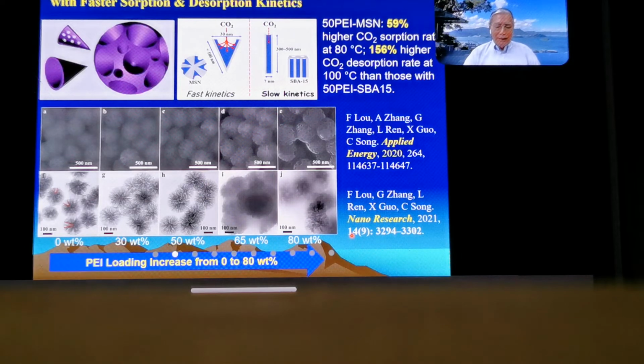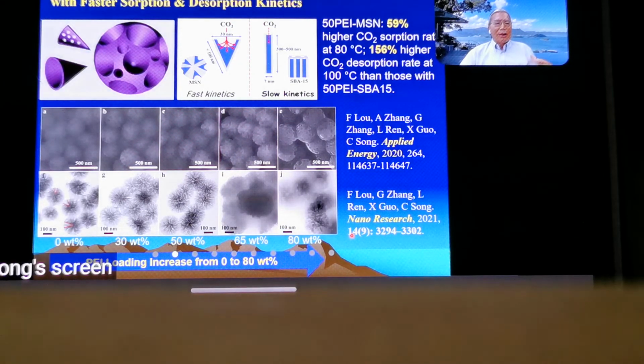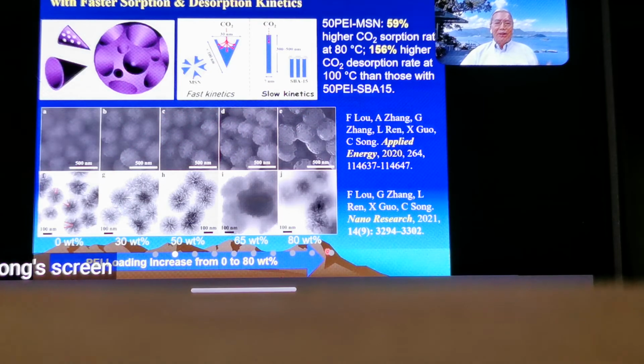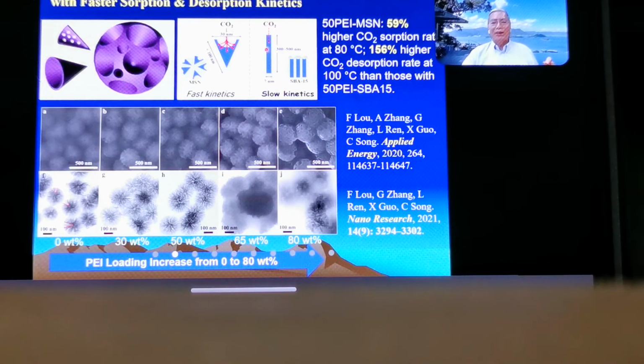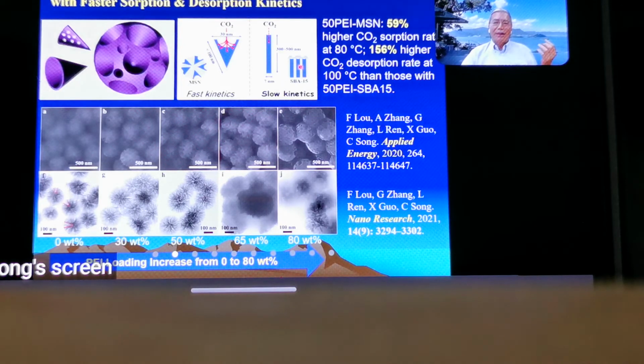Another important advance in our recent work, in collaboration with our collaborator at the Dalian University of Technology involving our PhD student, is that we changed the structure of the typical adsorbent materials, which have a linear pore structure, the typical SBA-15 structure, first developed by Galen Stucky at UC Santa Barbara, and also developed by Professor Dongyuan Zhao at Fudan University.